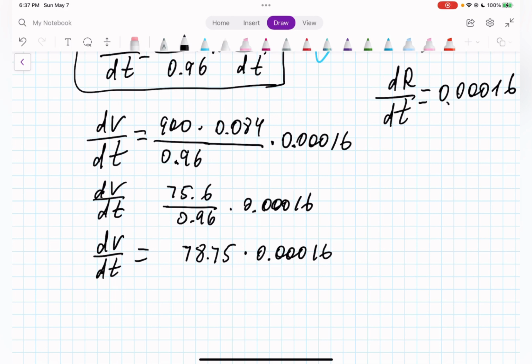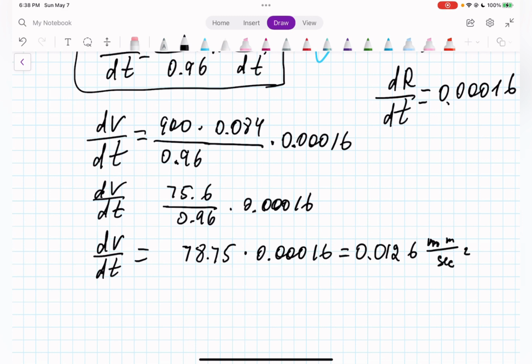Then we get 0.0126, and that is going to be millimeter per second squared.